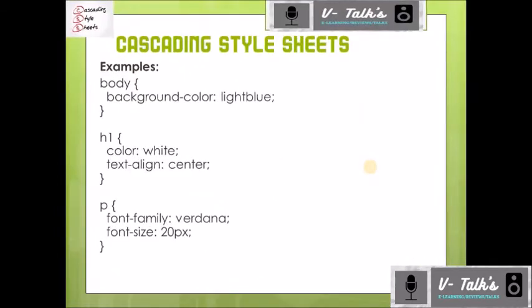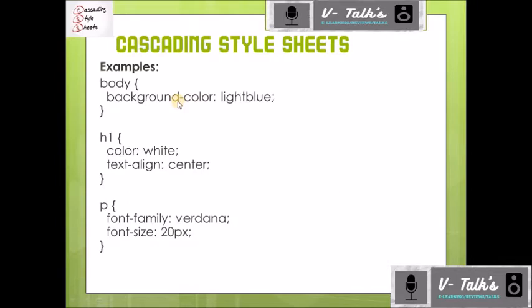So an example is given here. You can see one CSS is declared here. Body background color light blue, h1 color white, text align center, p font family Verdana, font size 20 pixel. So this is a cascading style sheet. This is stored with a separate file name with an extension .css.